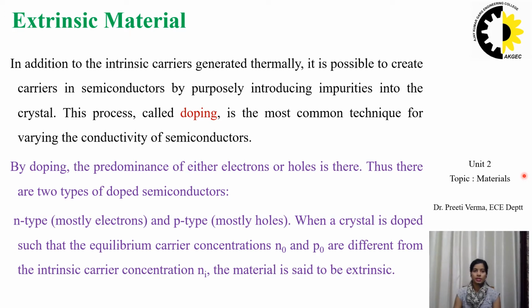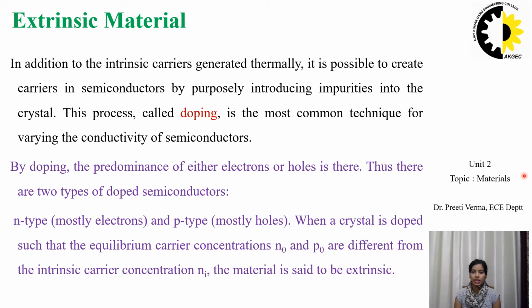And the most common technique for varying the conductivity of the semiconductor is by doping an intrinsic semiconductor. So we are making an intrinsic semiconductor into an extrinsic semiconductor so that we can increase its conductivity.